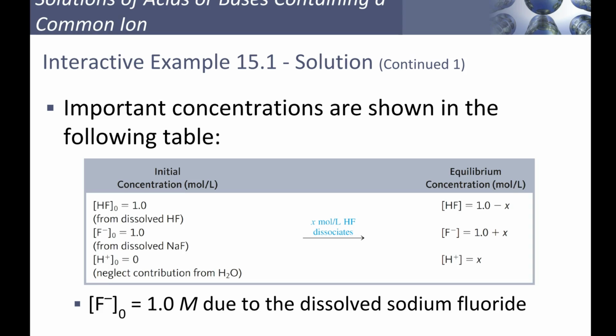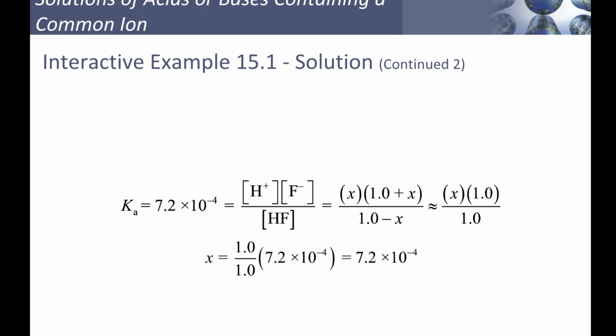Okay. So H plus in the beginning we're assuming is just 0. Why? Because you saw the 2.7% dissociation. And then fluoride is 1 molar because of the sodium fluoride. So that changes it just a little bit compared to what you've seen before. Now you have a 1 plus X and a 1 minus X. We're going to make the same assumption we did before. The plus X and minus X really doesn't matter here because look at your Ka, 10 to the negative 4.